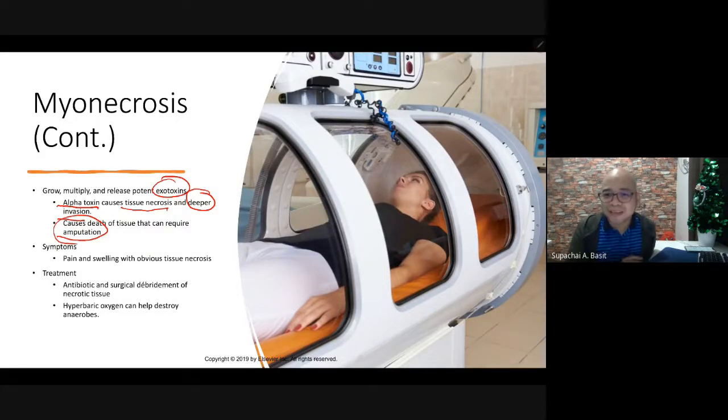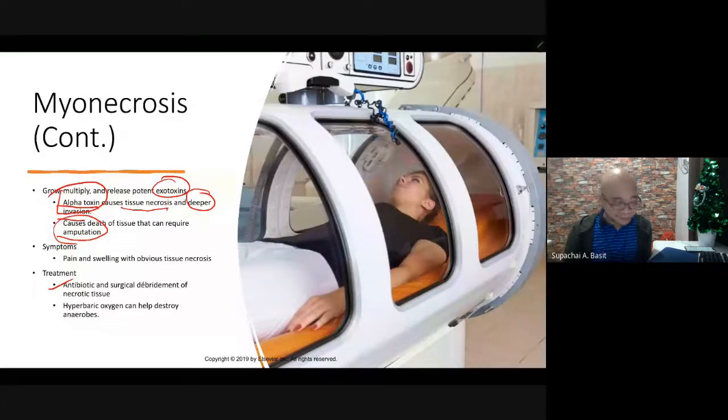So if I ask you, what kind of toxin causes death of the tissue in Clostridium perfringens? The answer is alpha toxin. There would be pain, swelling, gas production, and foul-smelling odor. Treatment would be antibiotics and surgical debridement of necrotic tissue.